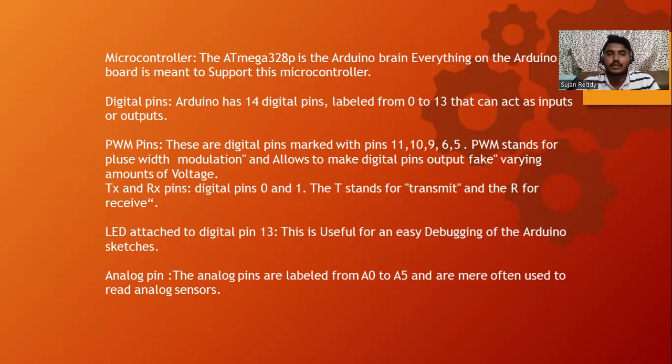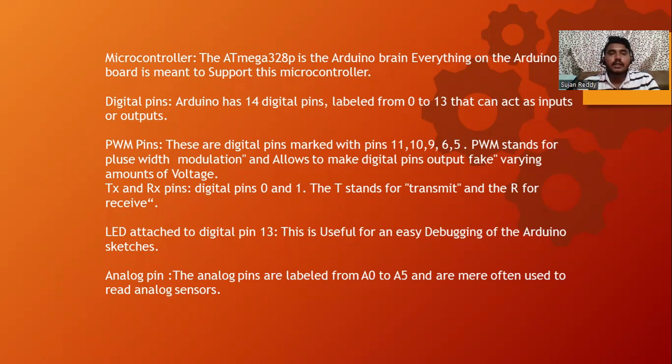It has digital pins and PWM pins. The digital pins are 14 pins labeled from 0 to 13, and they can act as inputs or outputs. The PWM pins are digital pins marked as 11, 10, 9, 6, 5. PWM stands for pulse width modulation and allows digital pins to fake varying amounts of voltage.